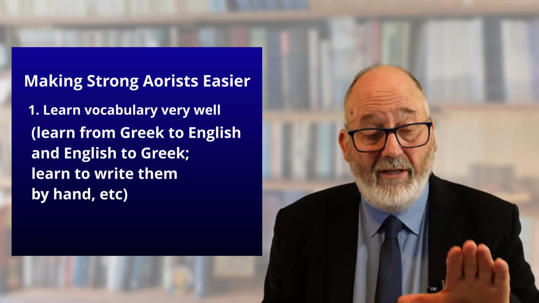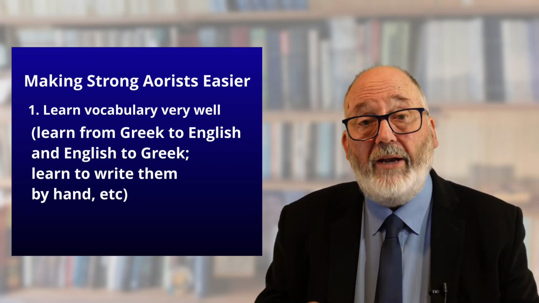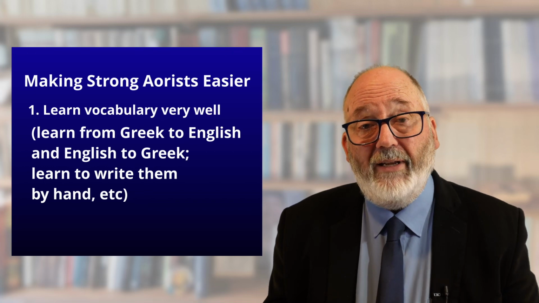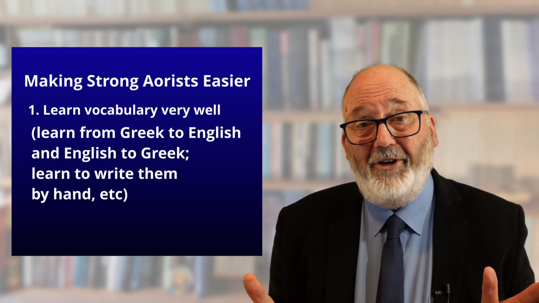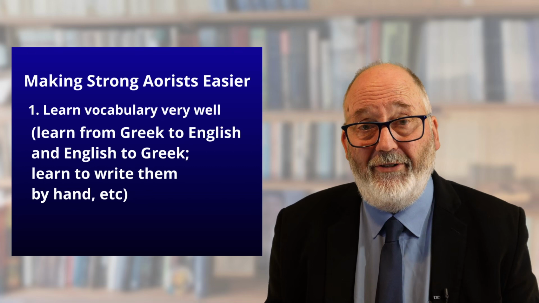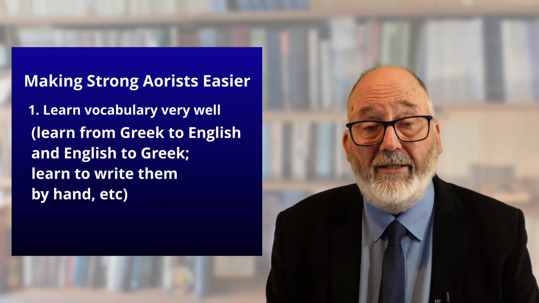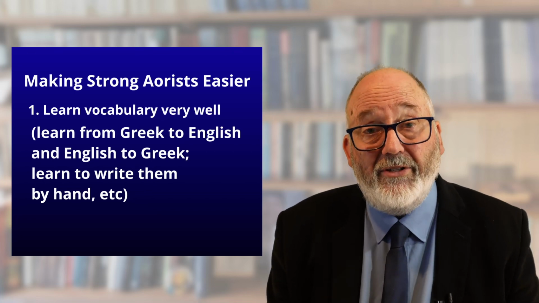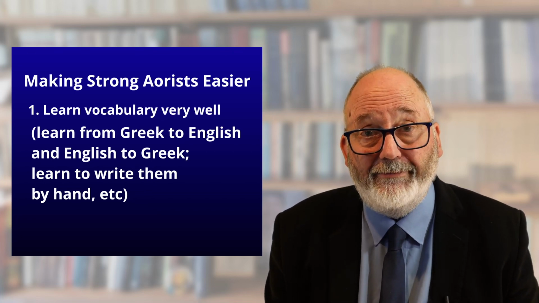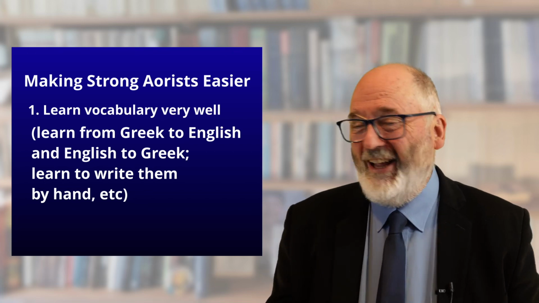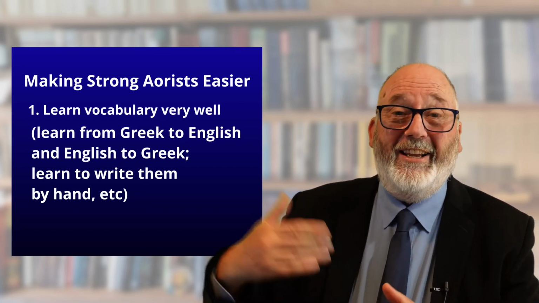I suggest you cover one up and write it out from memory and look at it when you get it wrong the first time and keep doing that till you can do it, and do that for all the words in that list of aorists that I provided, or the list of aorists that you'll find in your own textbook. Number one.